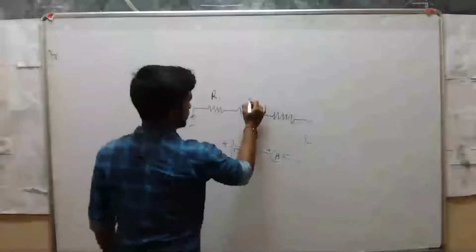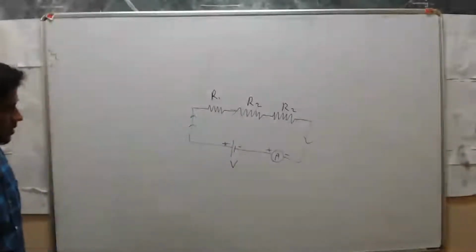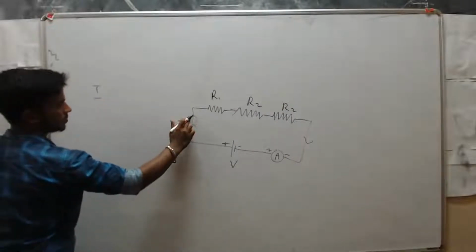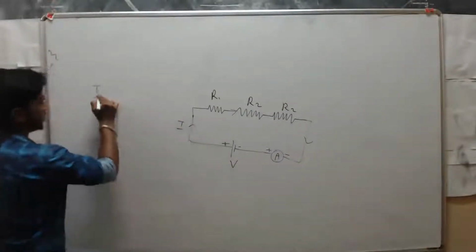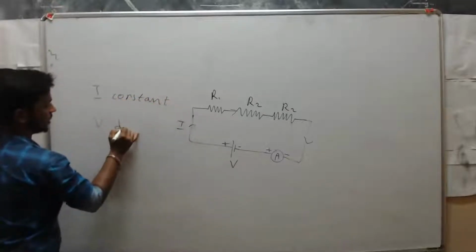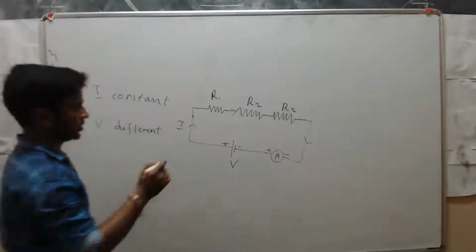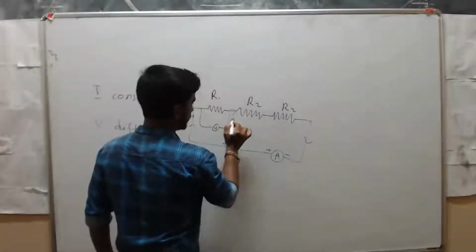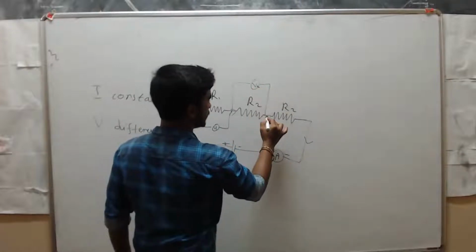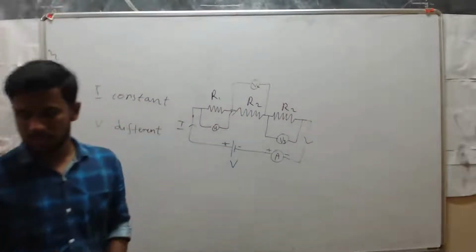I call this R1, R2, and R3, voltage V. In series current is constant, and voltage is different. Across here, I call this V1, V2, V3.